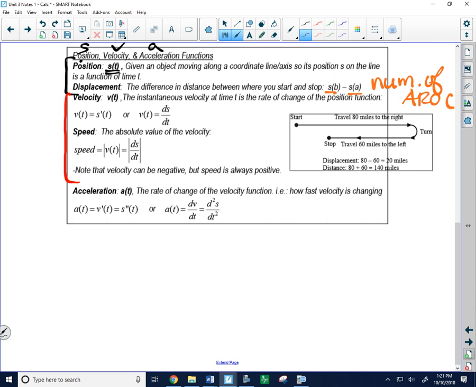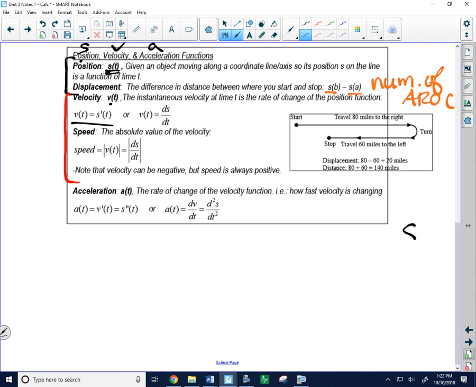Okay, next one is velocity and speed. So here's the great thing. You do the derivative of position, a function that models the position, and you get the velocity. Derivative of position is velocity, the instantaneous velocity. So what it represents is the rate of change of your position. How fast is the rate of change of the position function.